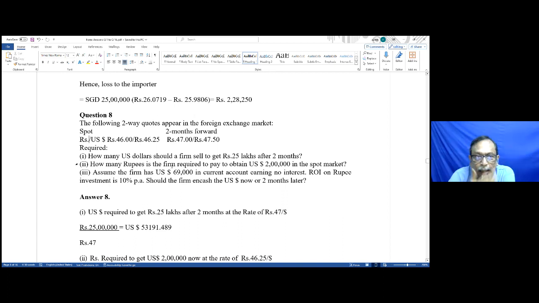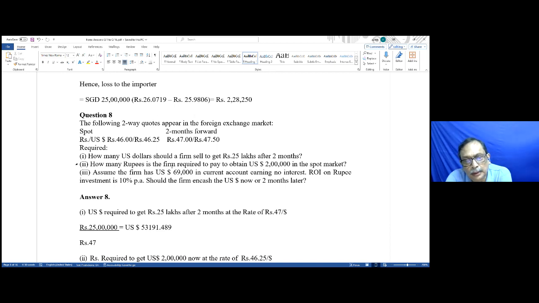If you look into the spot rate, the first one is the bid, the second one is the ask, and for 2 months forward, the first one is the bid, the second one is the ask. And remember, your ask rate is always greater than the bid rate. And if you look into the question, you'll find that the 2 months forward rates have increased, both bid and ask.